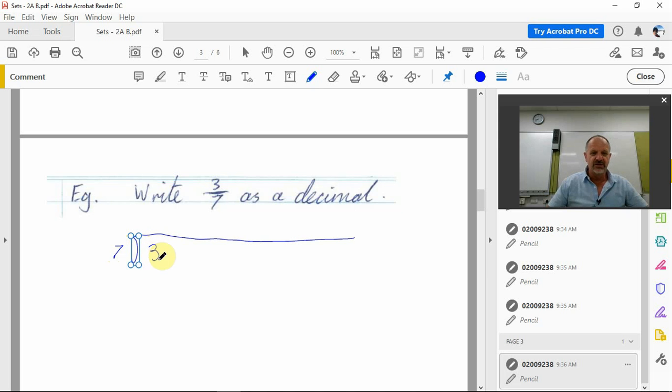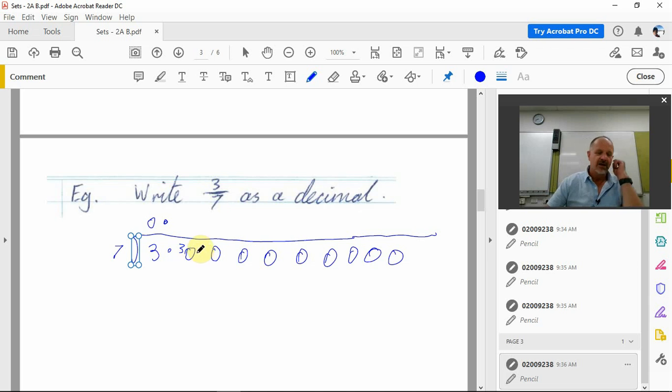And of course, 7 doesn't go into 3. So what do we do now? Well, we add some zeros here, and we can add some more maybe. So 7 into 3 doesn't go, and so we've got this 3 left over.